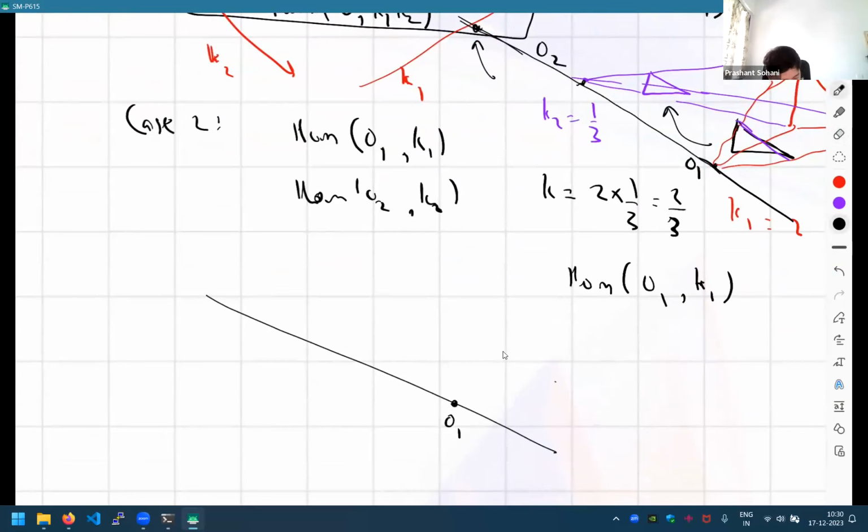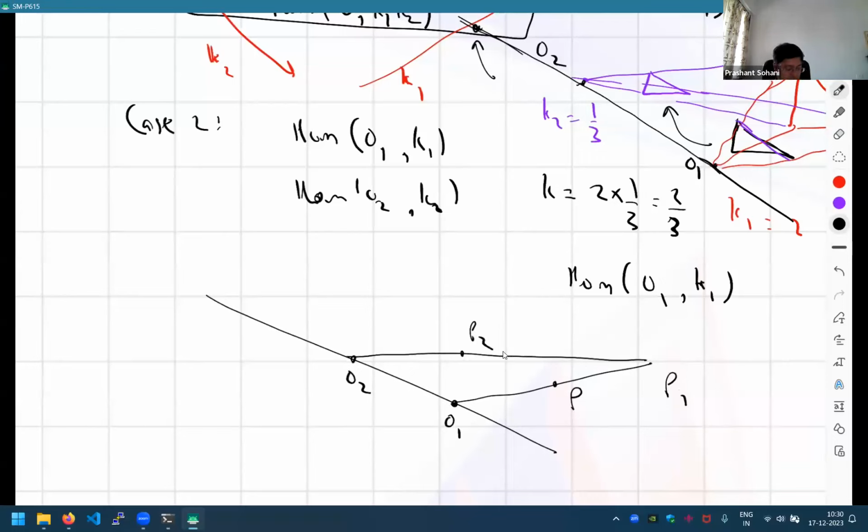I could take any point P in the plane and apply this first homothety, and let us say it goes to a new point P1. To that same point P1, around O2, I'm going to apply the homothety, which is going to give a new point P2. My claim is that P and P2 have to be related through homothety around the new point O.